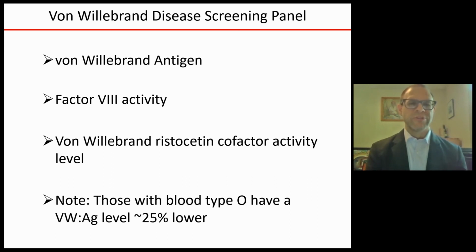And it also includes a factor 8 activity because von Willebrand factor stabilizes factor 8. And when it is not working or when it is low, factor 8 also becomes low. It is worth noting that people with blood type O have lower levels of von Willebrand factor by about 25%, yet this does not increase their risk of bleeding.